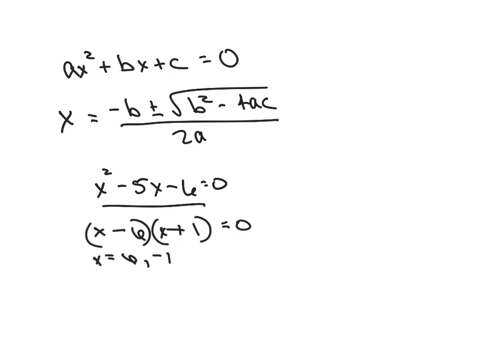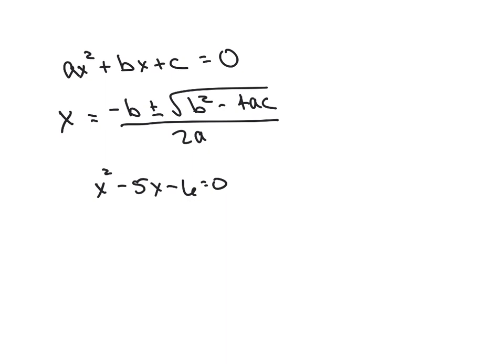The next option that we talked about in the last section was completing the square. Move the 6 over, half of 5 and square it. And we solve for x this way.